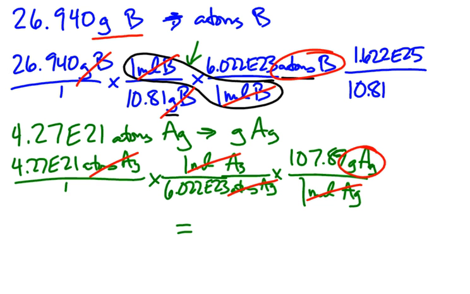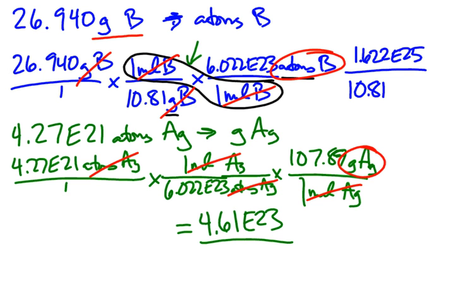I'm going to end up with 4.27 times 10 to the 21st times 107.89. And of course, I'm getting that 107.89 from the periodic table. And I need to have 3 sig figs in this answer, 4.61 times 10 to the 23. Okay?